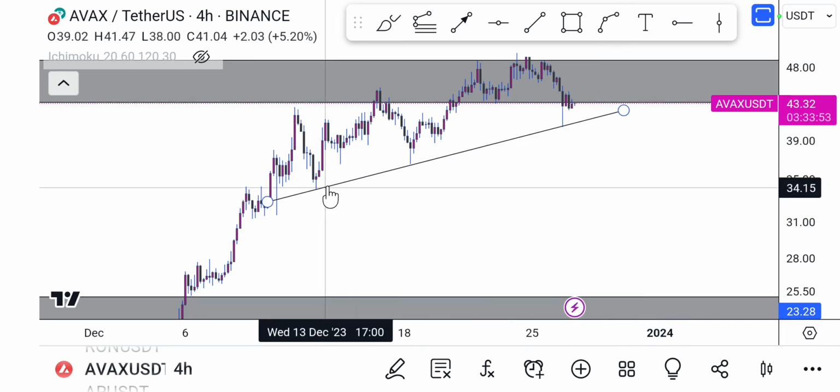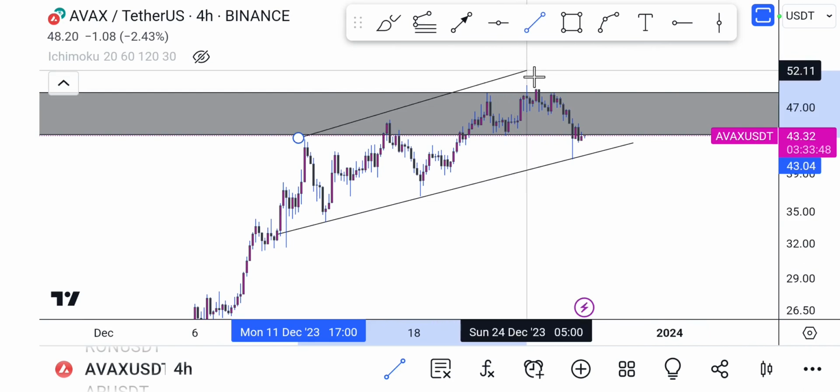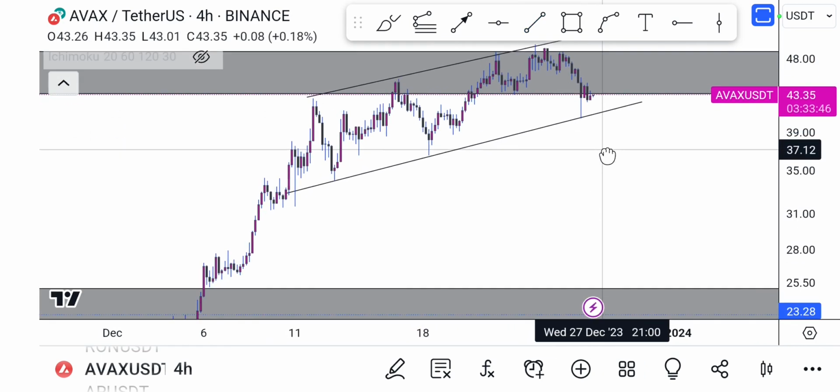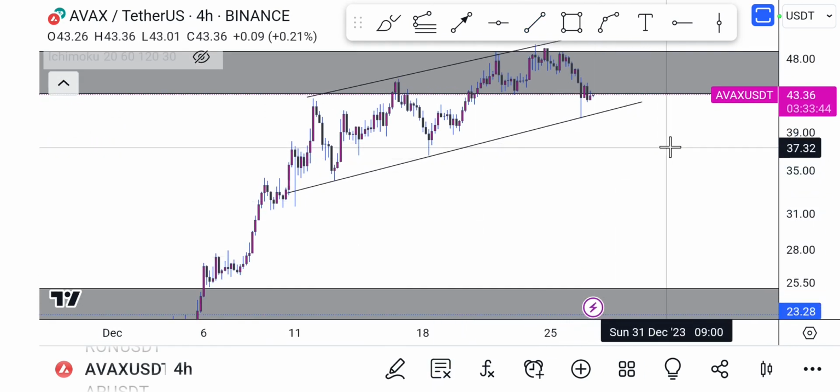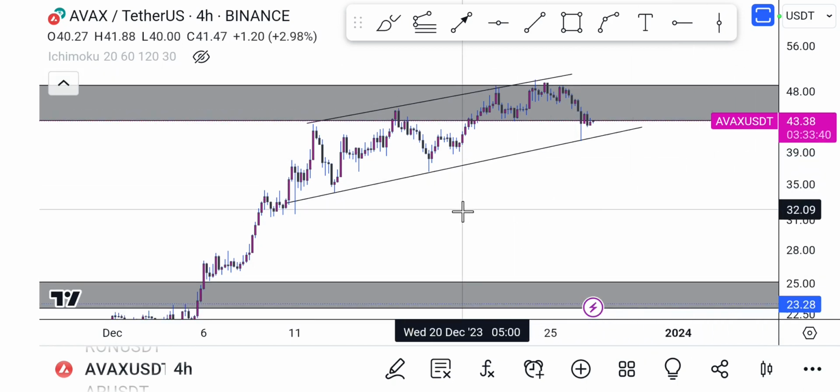So knocked this level 1, 2, 3. So will not be surprised if we get that dump, but still looking at BTC move. So nothing really much here really happening, but we'll pay close attention to BTC and follow with other altcoins.